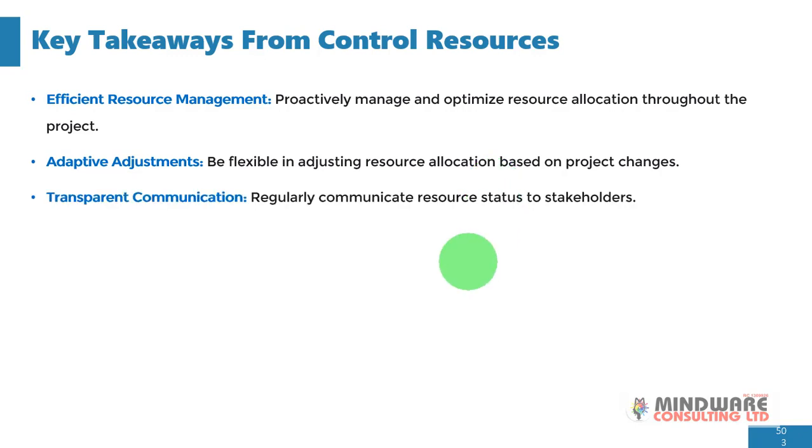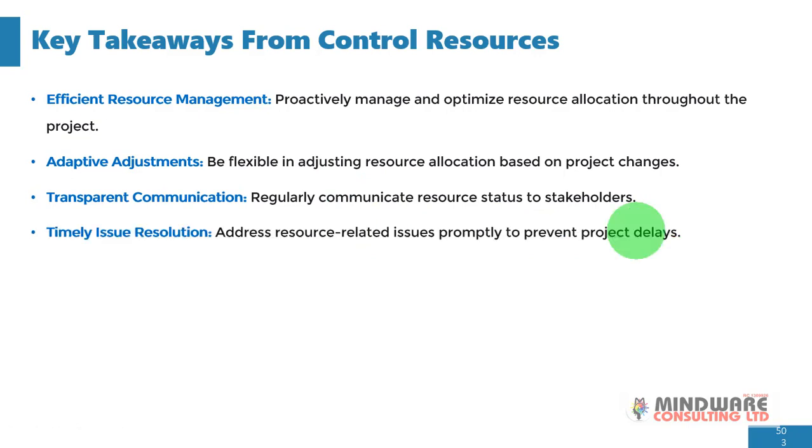Transparent communication. Regularly communicate resource status to stakeholders. So this cannot be overemphasized. Regular and clear communication with your team members, with your stakeholders, is very important to successful project execution. Timely issue resolution. Address resource related issues promptly to prevent delays.